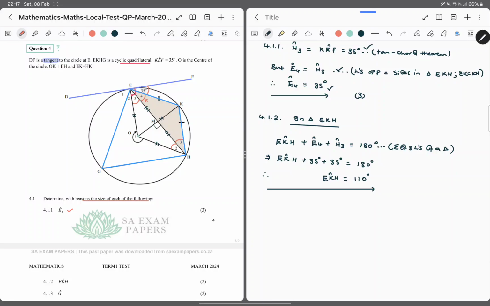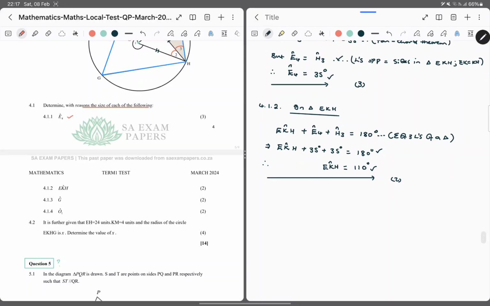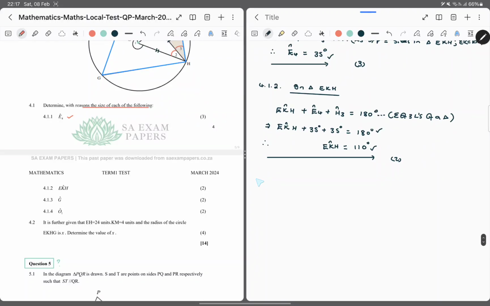Okay, not a problem. Easy stuff. How many marks are we scoring there? 2. Usually the substitutions and the answer, because the reason is a grade 8 reason, not a very powerful one.